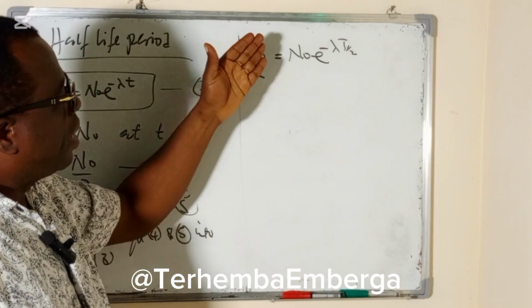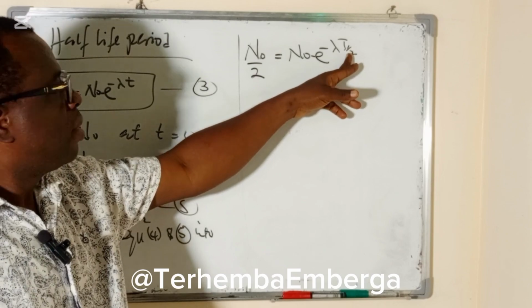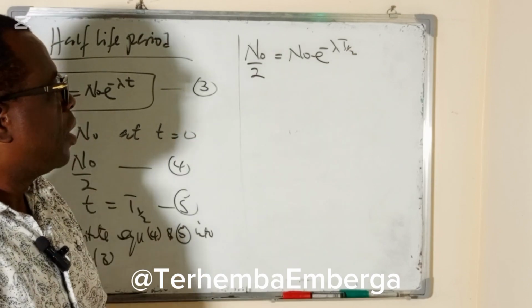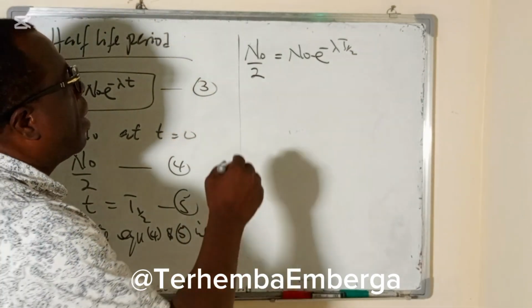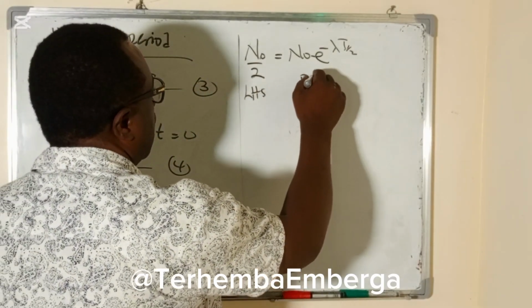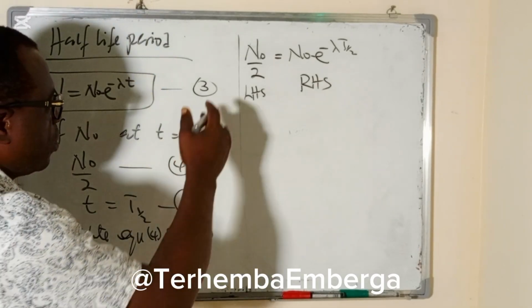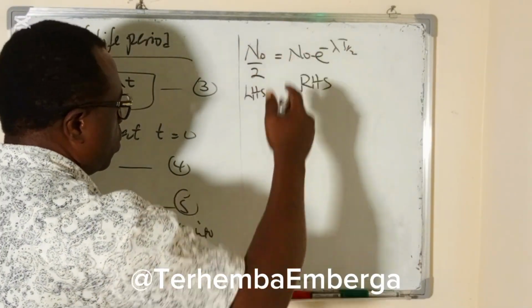So our interest here is the half-life. So how do we navigate from here to make T subscript half the subject? Remember, this is the left-hand side and this is the right-hand side. So whatever we do to the left-hand side, we must also do to the right-hand side.